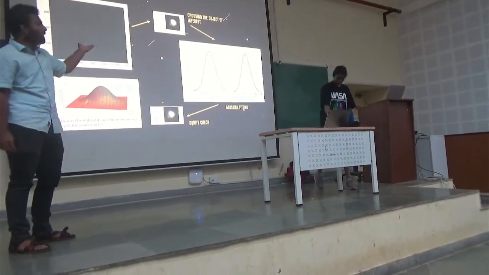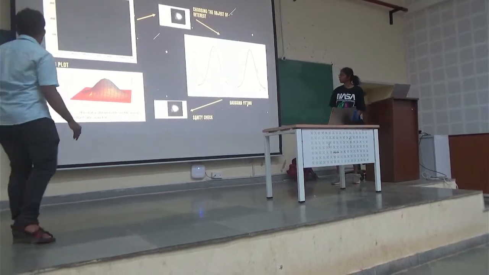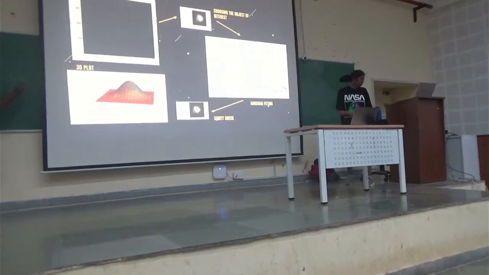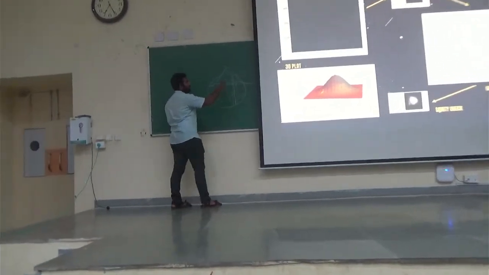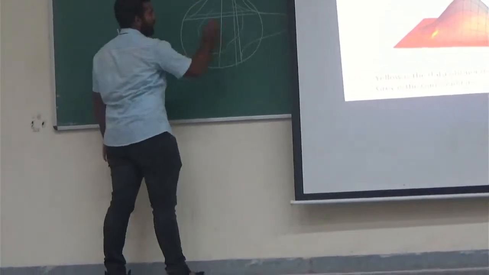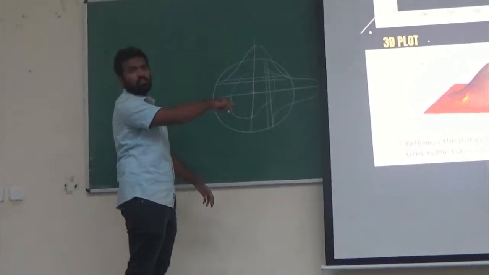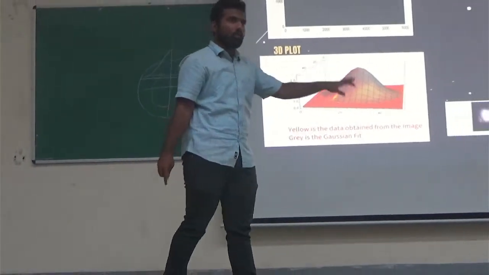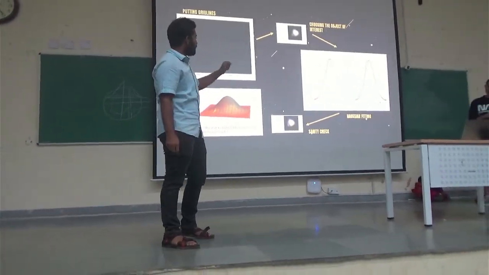And then you would find the variance, which would also give you the error. So you take the mean of this Gaussian, and this would be the center of the image. We did that and we got our coordinates and the corresponding sigma.